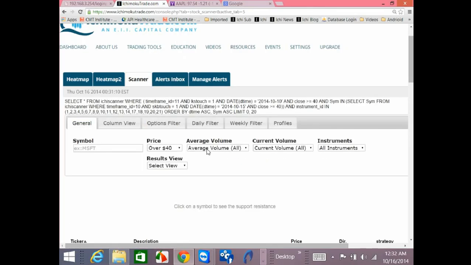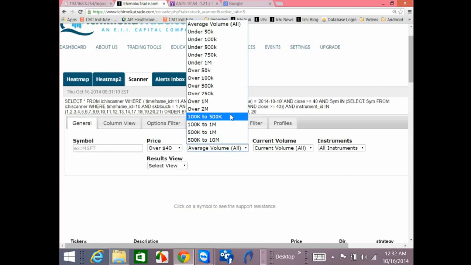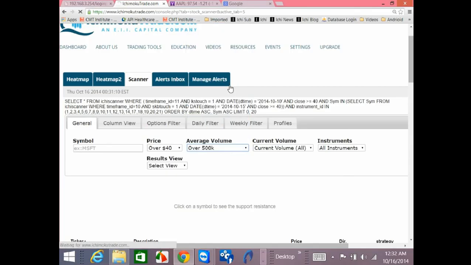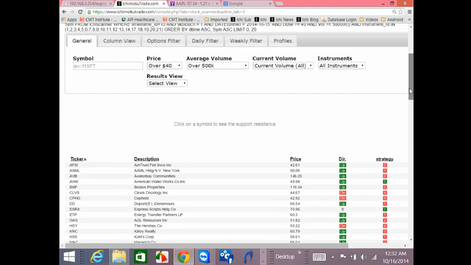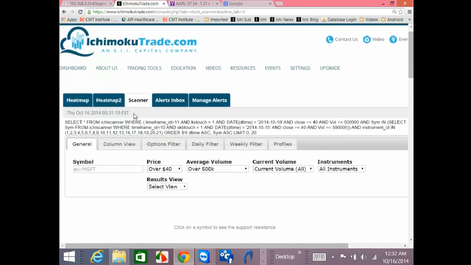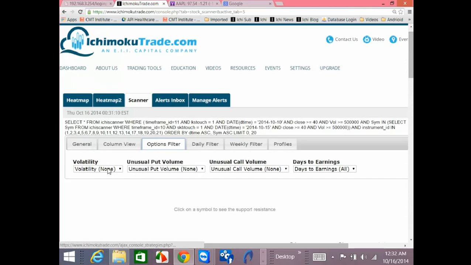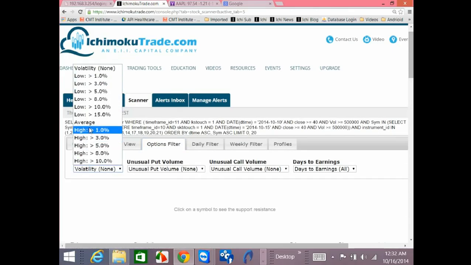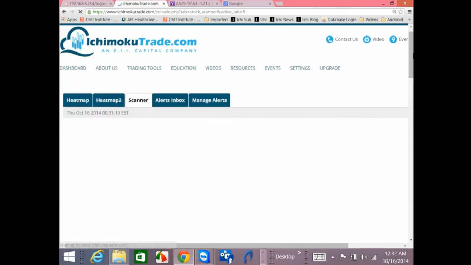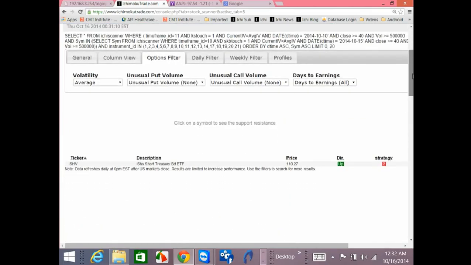Average volume over 500. We're narrowing down, aren't we? Yeah? Options filter to be what? Let's just try average for right now. 1.